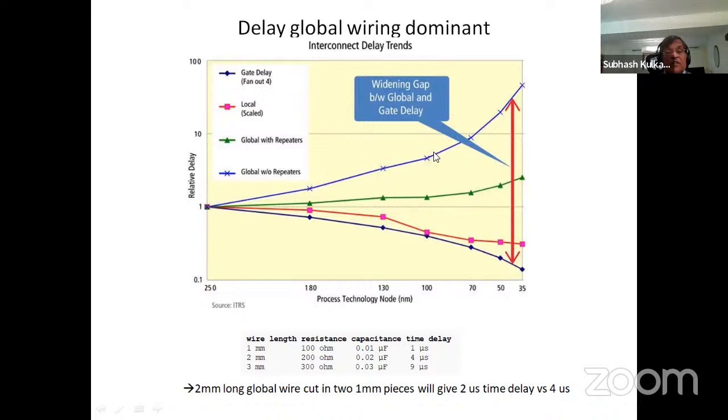But the problem is with the global wiring, because they are thick and they are fatter, so the capacitance is very high. And they need to make them thick and fat because you need low resistance for the global wirings. It's like the current is coming into your house through underground cable, which is very thick in metal, and the thickness of the wiring inside your house is much smaller.